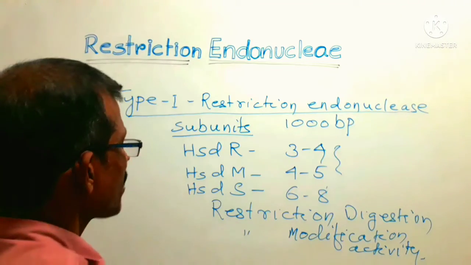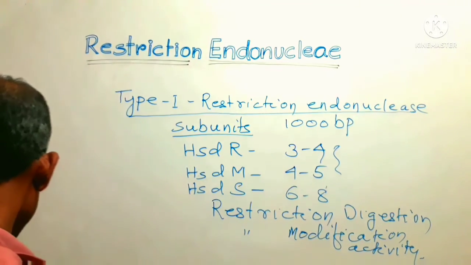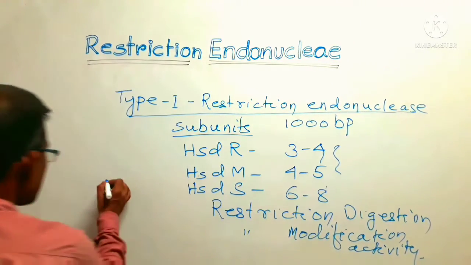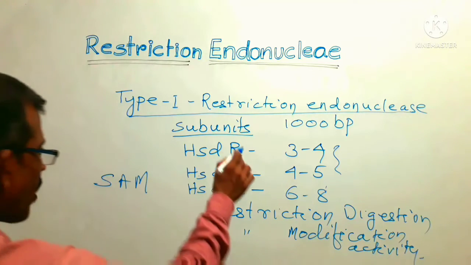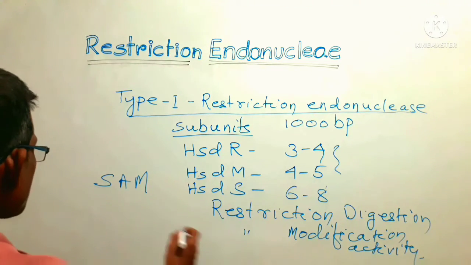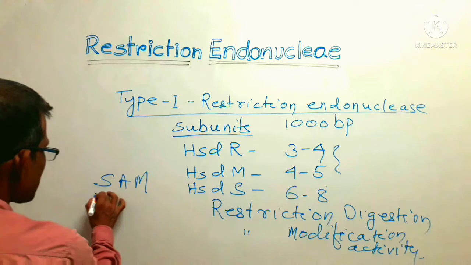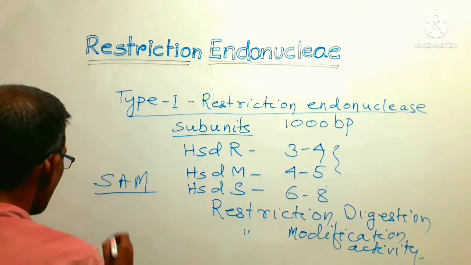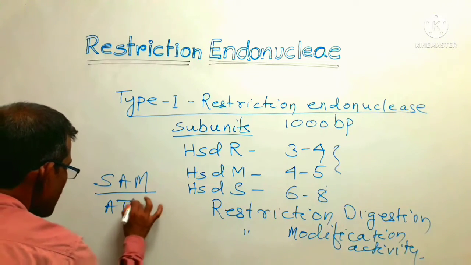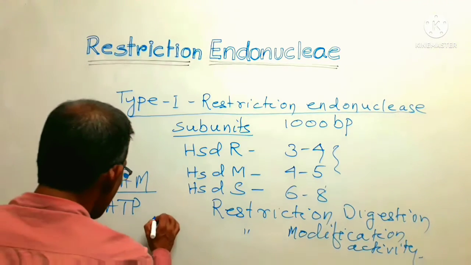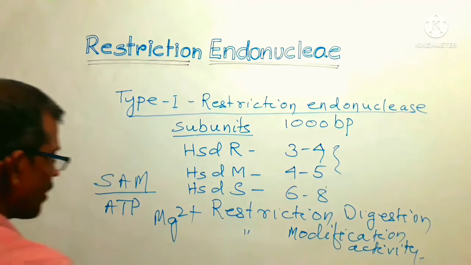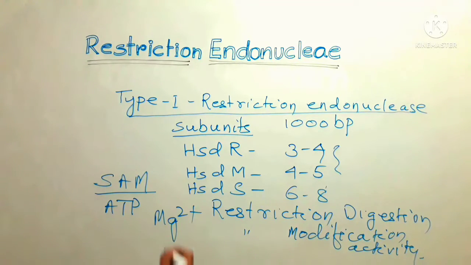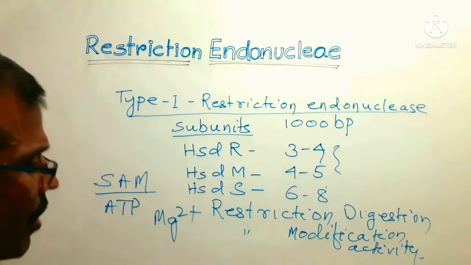Type 1 restriction endonucleases require S-adenosyl methionine, hydrolyzed ATP, and divalent magnesium ion for full activity. And type 1 restriction endonuclease has multiple subunits.